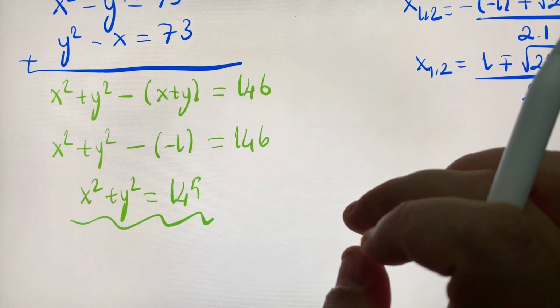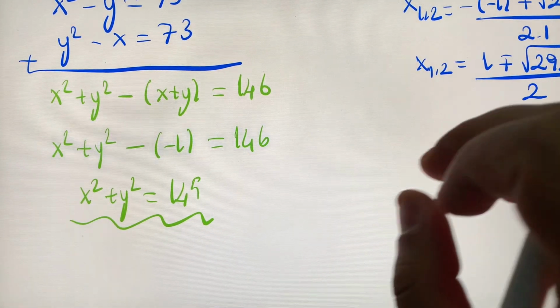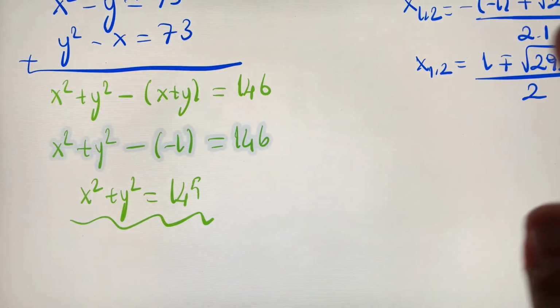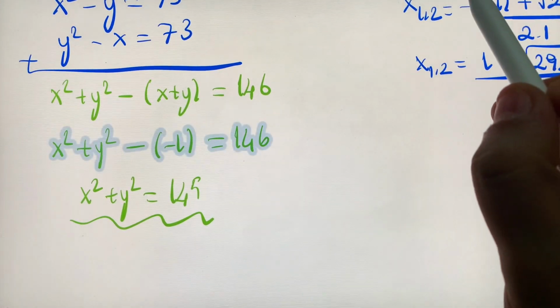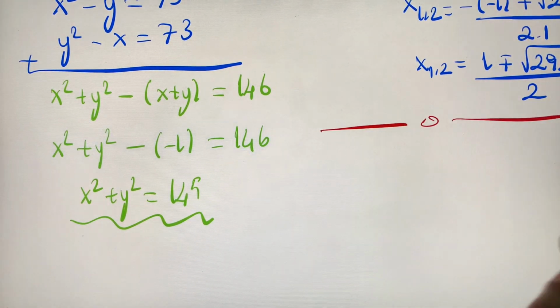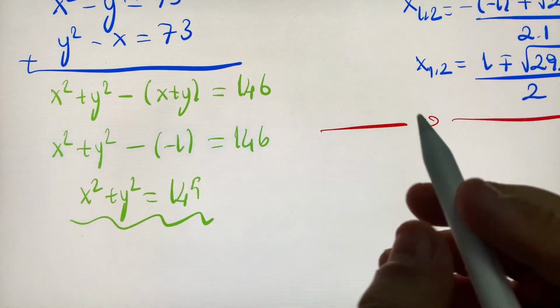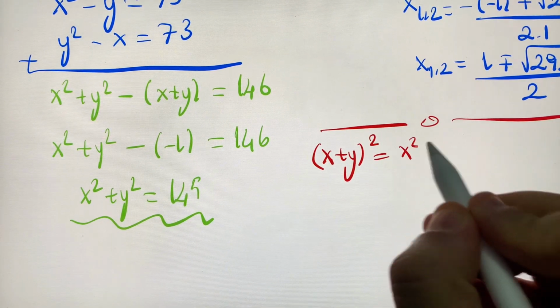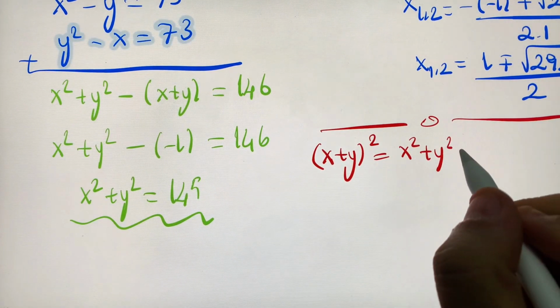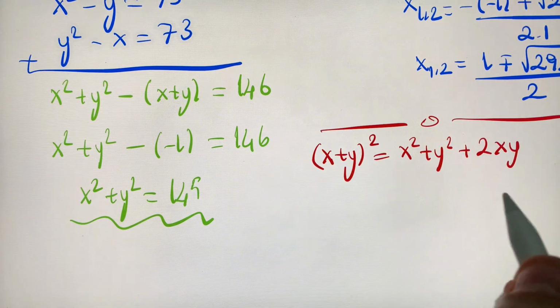Now look at questions like this. There are x squares and y squares, so what should we do? We need to go to the square of x plus y, or of x minus y. The square of x plus y is x squared plus y squared plus 2 times x times y.